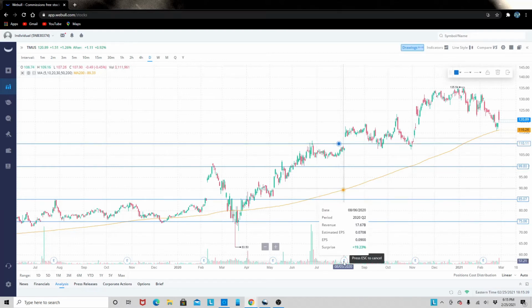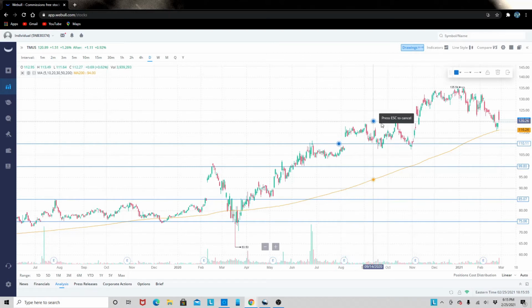And after another great earnings report here in August, they broke through the 110 resistance, and it came up to our next resistance point, and that's going to be 120 right here. It had a little trouble breaking through that one until our next earnings report, which was in November of 2020. So we're going to mark 120 off as our next resistance point.